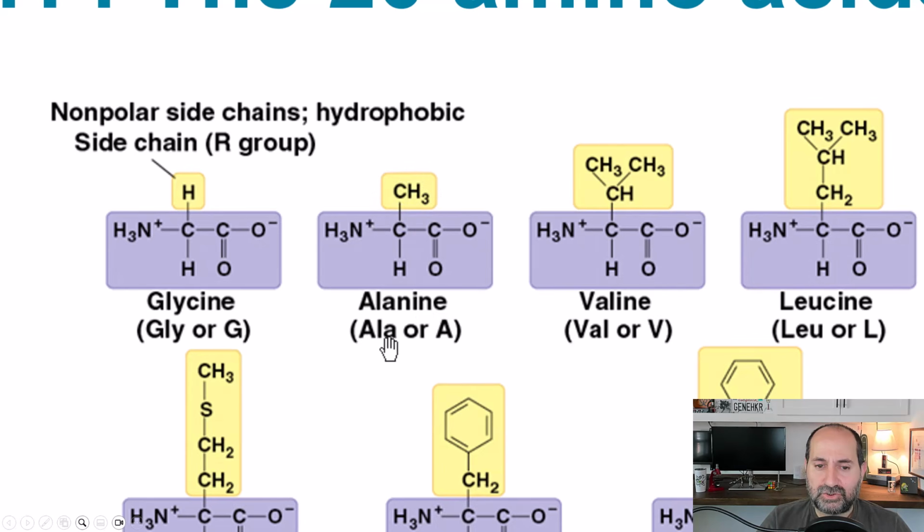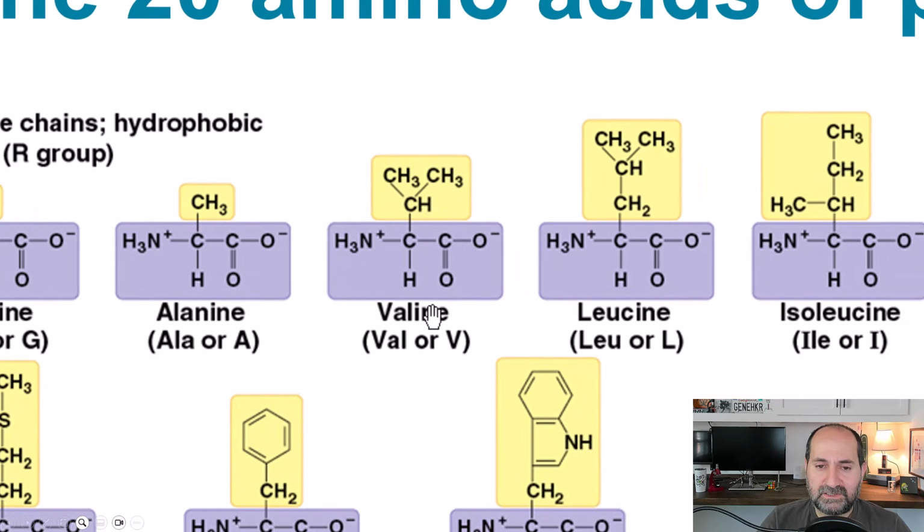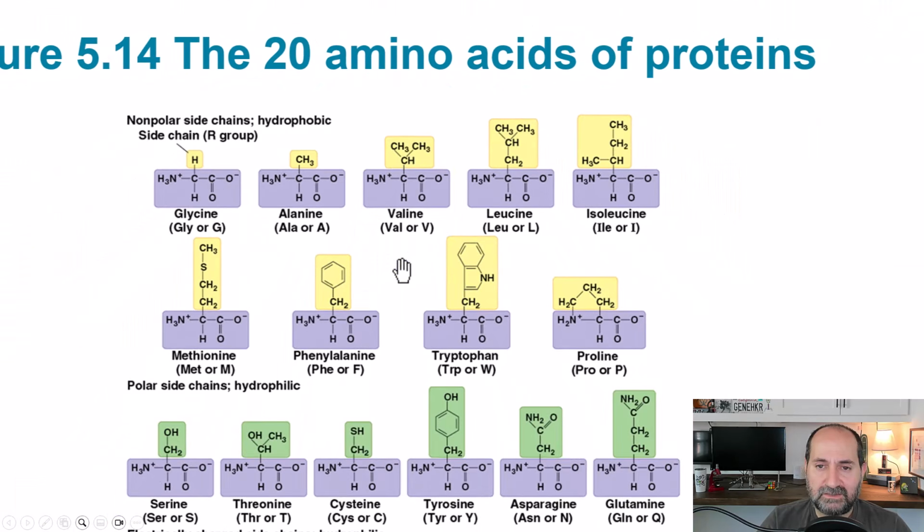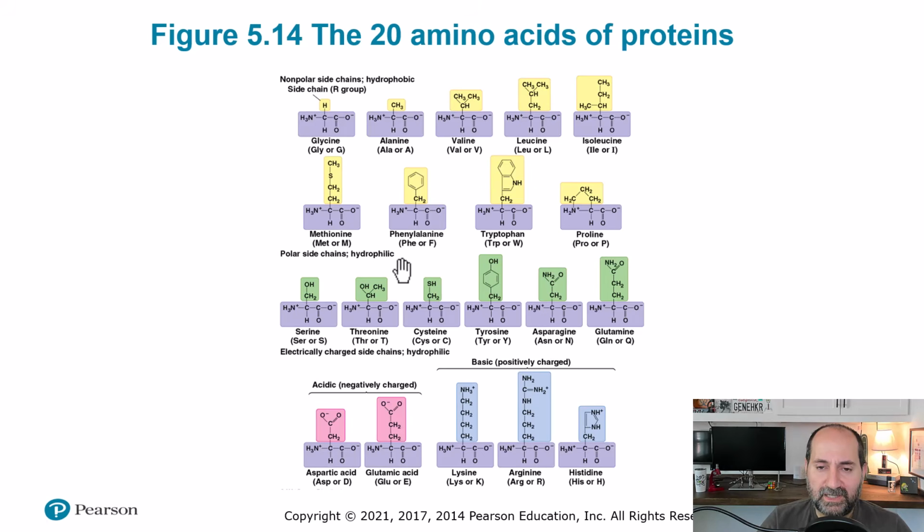They have a shortened abbreviation, a 3-letter abbreviation, or just a single letter abbreviation as well. So look at this. But notice how all 20 of the amino acids have that purple part of the amino acid. See the lilac part of the amino acid? Well, that's because they all share the same backbone. See? They all share the same backbone. And that's why they all have a purple part.